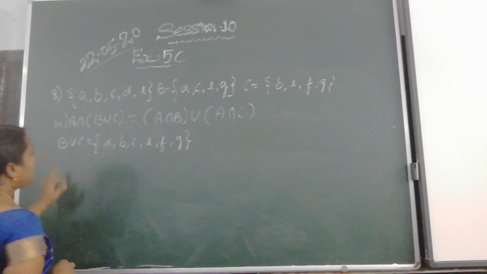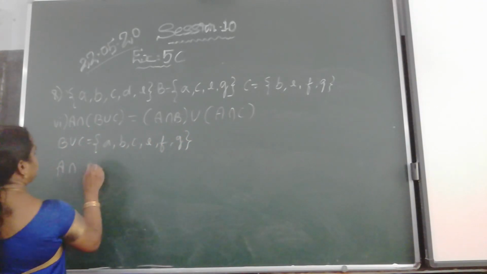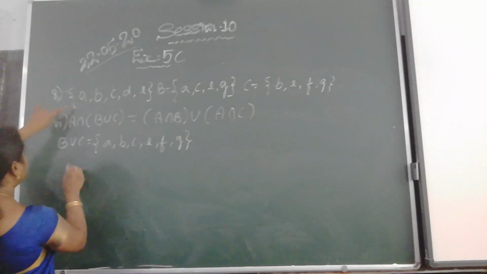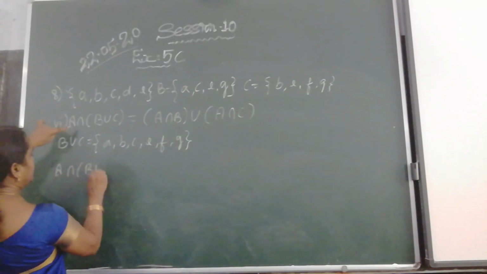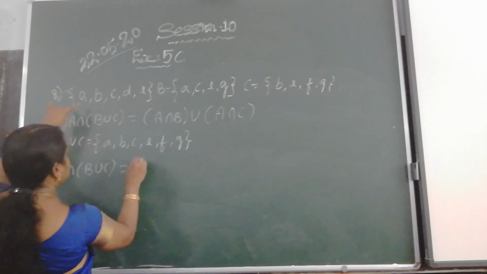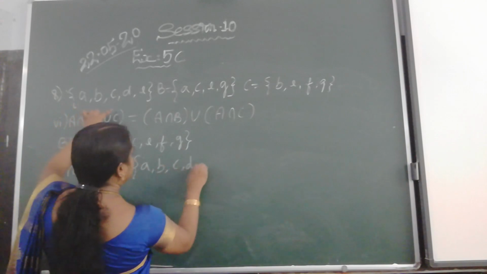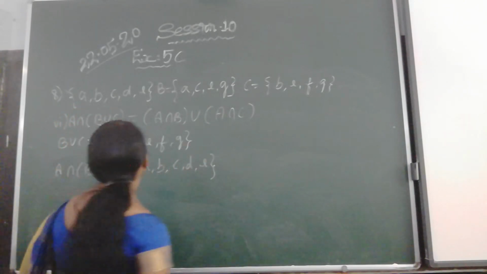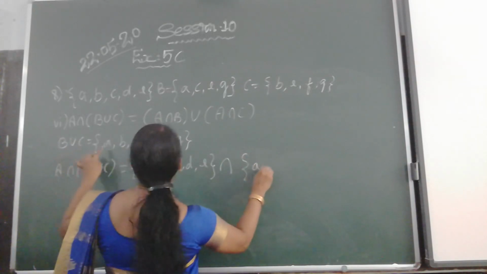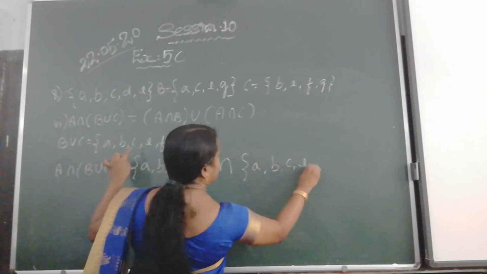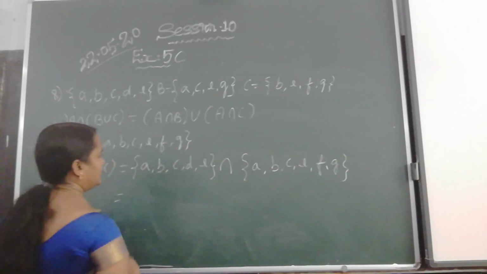A union B. Now A intersecting... common ones.